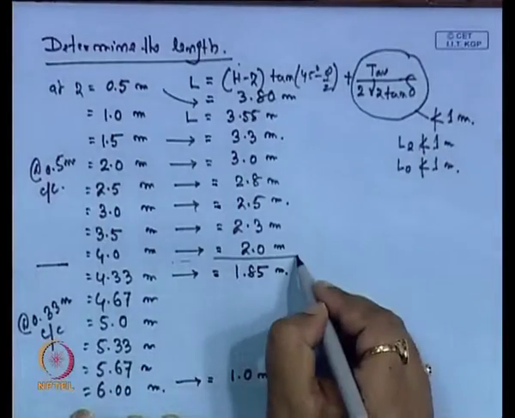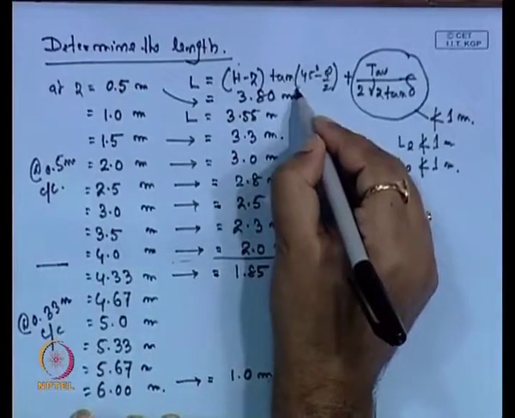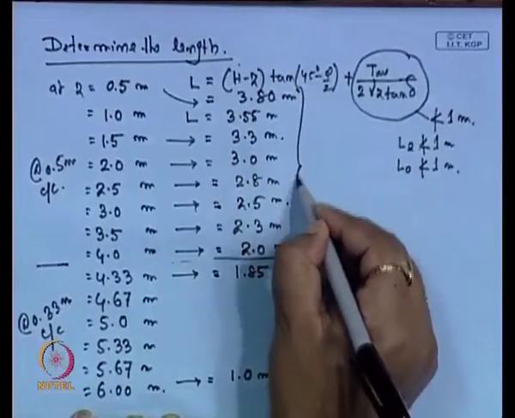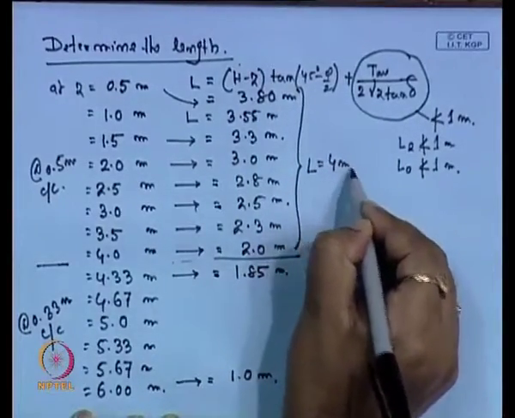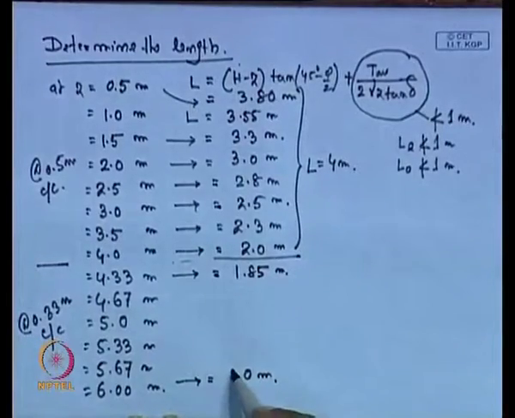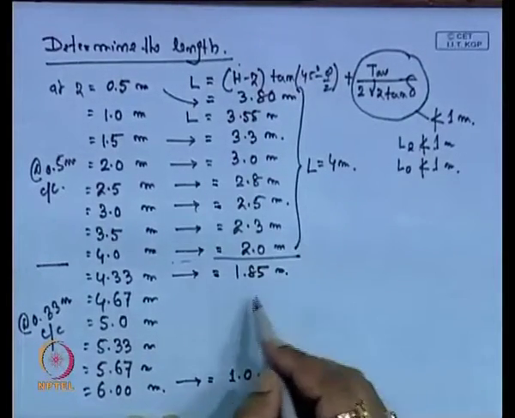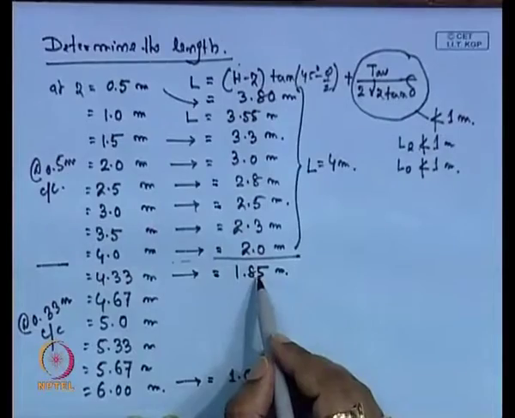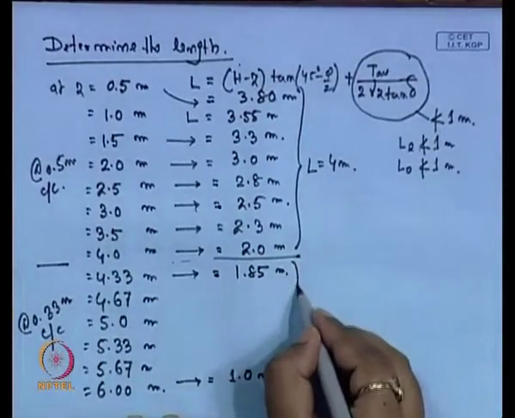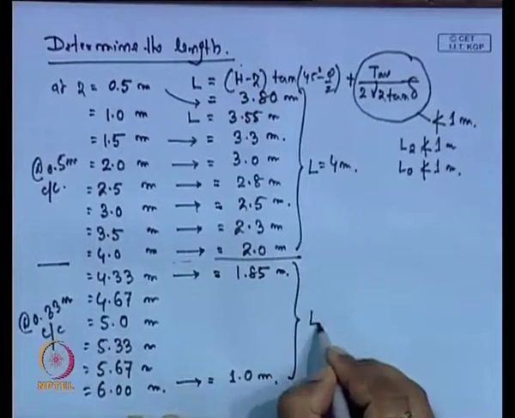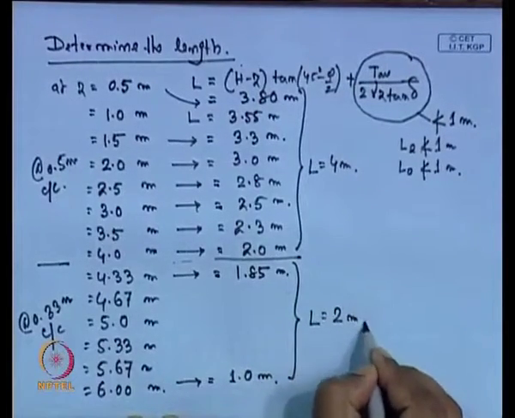So, in place of 3.8 we will provide a total length of 4 meter up to 4 meter, and the maximum requirement is 1.85 for 4 to 6. So, from 4 to 6 we will provide a total length of 2 meter.